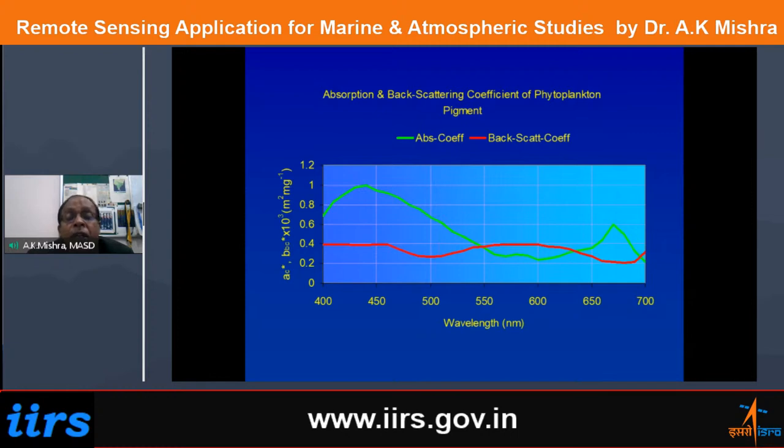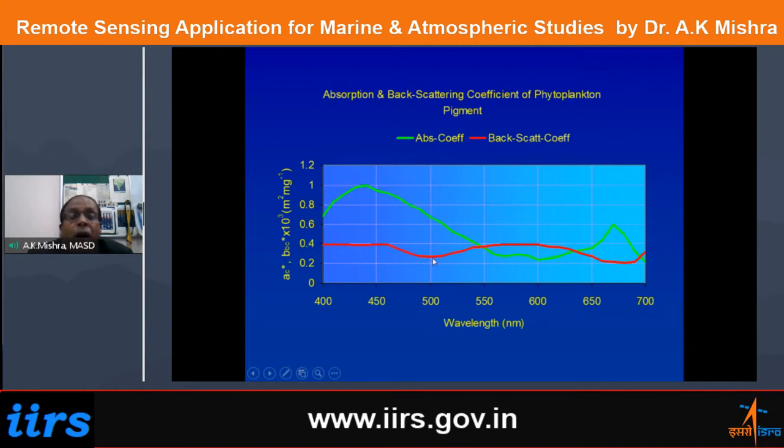And there is another peak, it is in red end. And there is no definite shape when you are analyzing the backscattering coefficient of phytoplankton. You cannot find a definite relationship. It is somewhat flat here, and dip here, dip here.